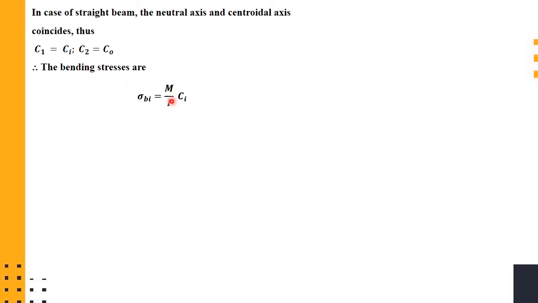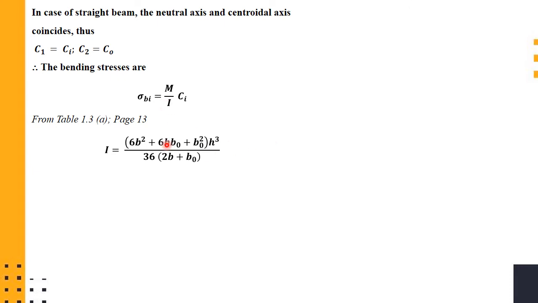So moment by moment of inertia multiplied by the distance gives the bending stress at the inner fiber. You know the m value, you know the Ci value, but you don't know the moment of inertia. You can get the moment of inertia from table 1.3a on page 13 for the trapezoidal cross section.